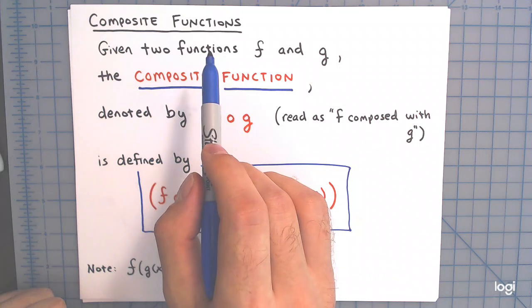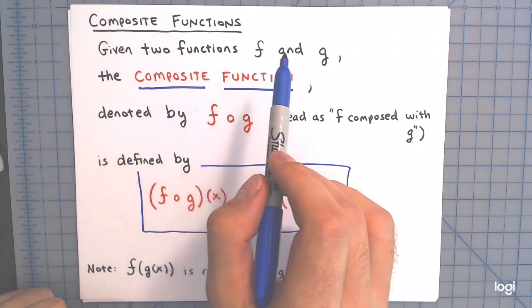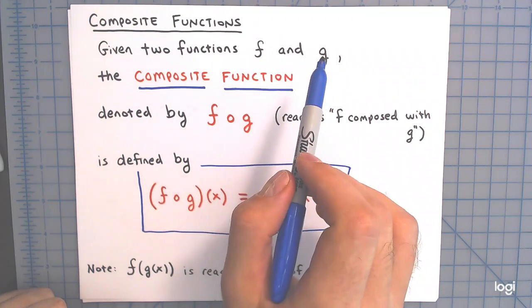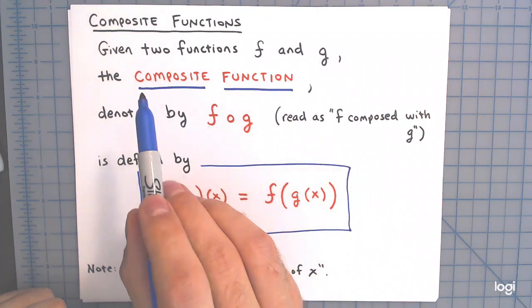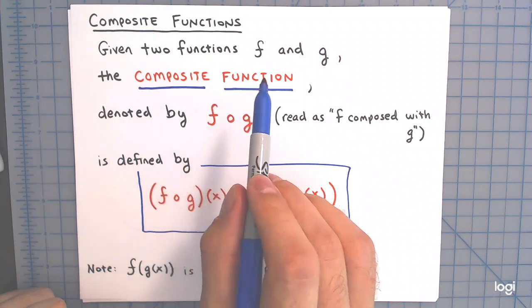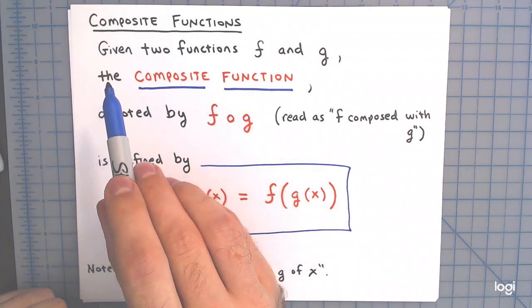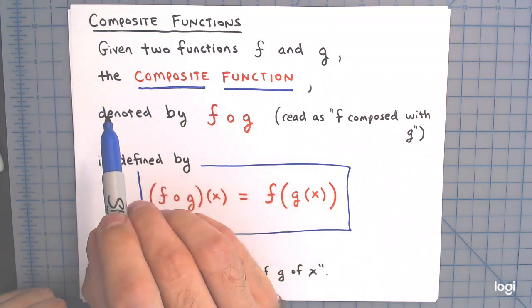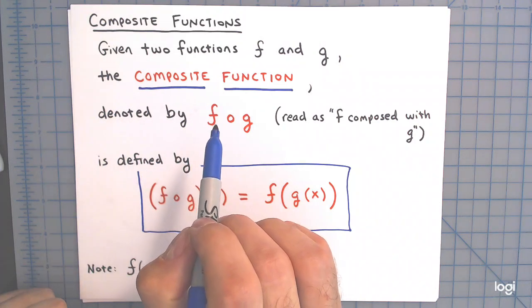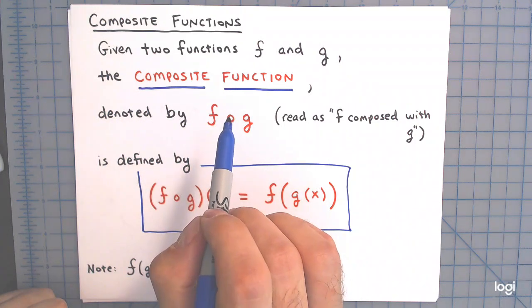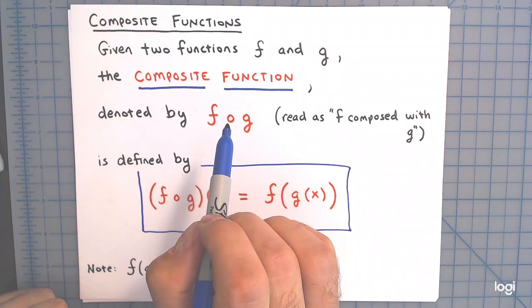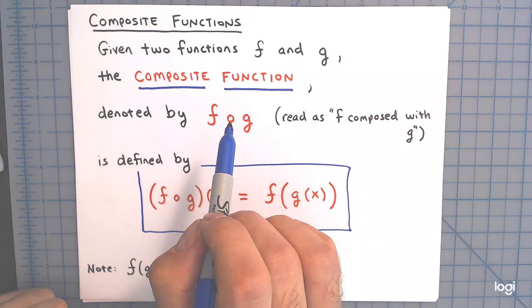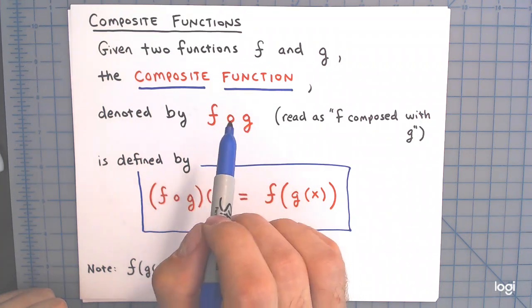Given two functions, say f of x and g of x, the composite function is denoted by f, then this little o. Notice this is an open circle. Don't fill it in if you're writing this, because if you fill it in, it'll be implied to be multiplication. It'll be f dot g.